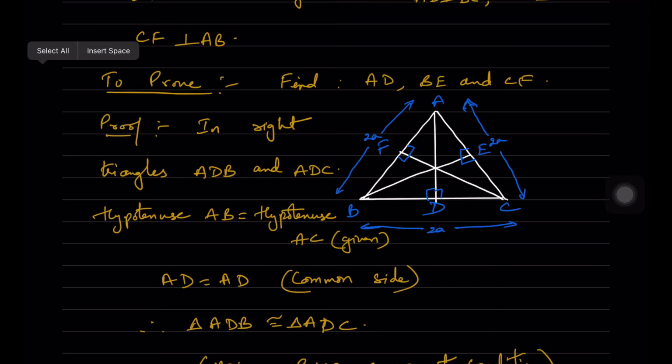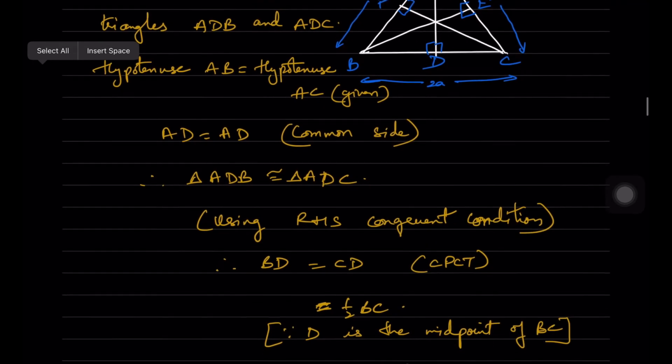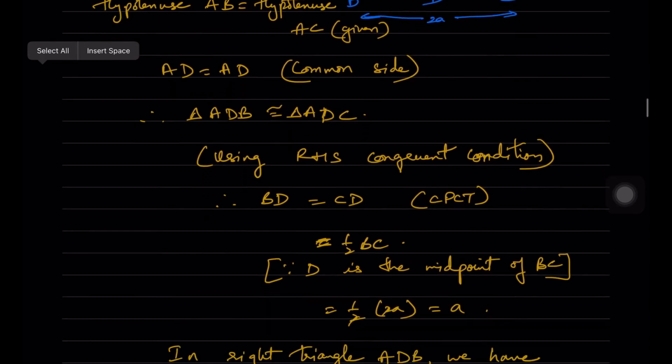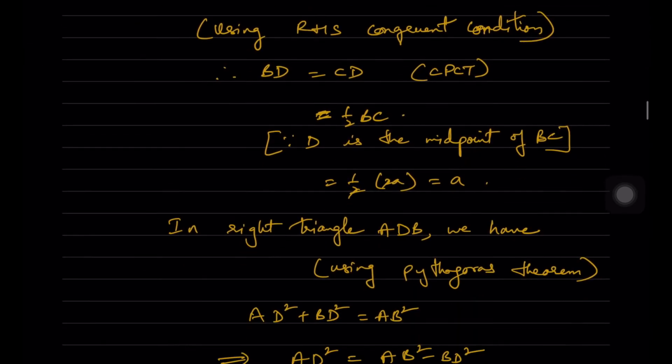Therefore, triangle ADB is congruent to triangle ADC using the RHS congruence condition. Therefore, BD is equal to CD by CPCT, which is equal to half of BC. Since D is the midpoint of BC, it is equal to half into 2A, which is equal to A.